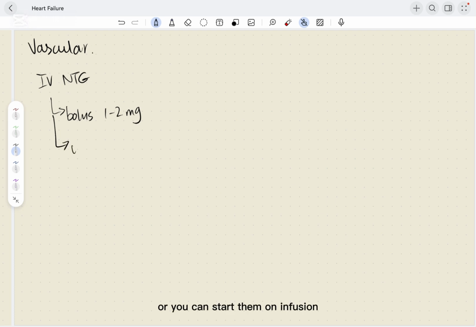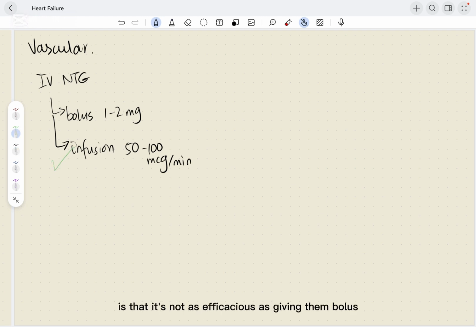Or you can start them on an infusion, in which case the starting dose is going to be around 50 to 100 mics per minute. Now, the important thing to remember about starting them on an infusion is that it's not as efficacious as giving them a bolus.